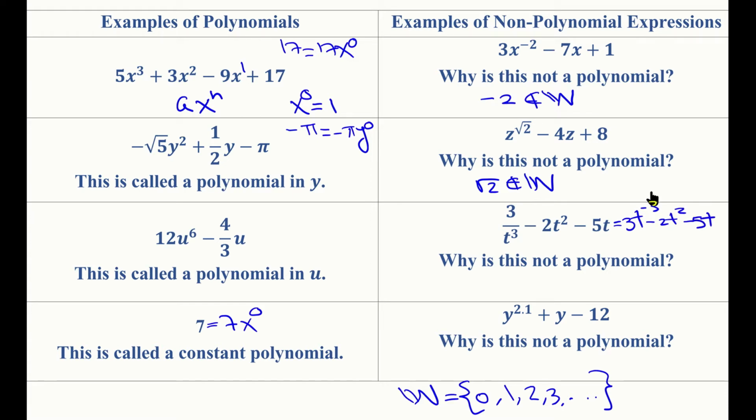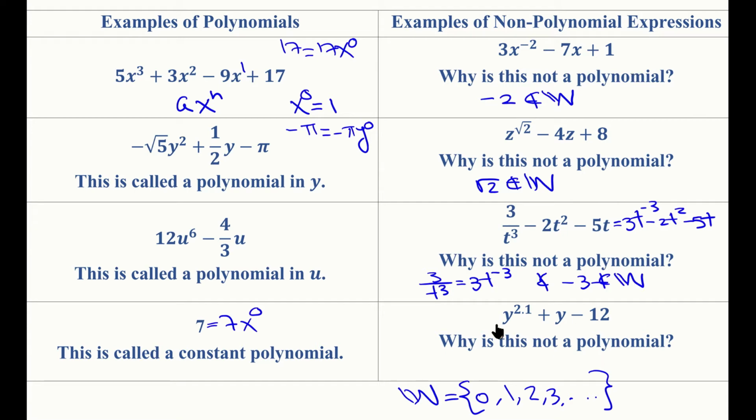So again, here we're unable to satisfy the general form of a term of a polynomial. So for the same reason as the previous one, we can say 3 over t cubed is the same as 3t to the negative 3, and negative 3 does not belong to the set of whole numbers.